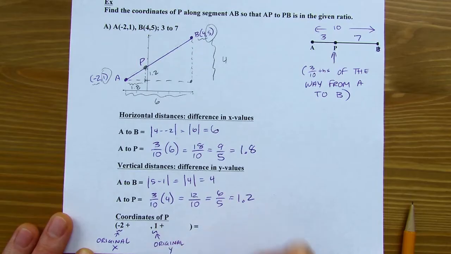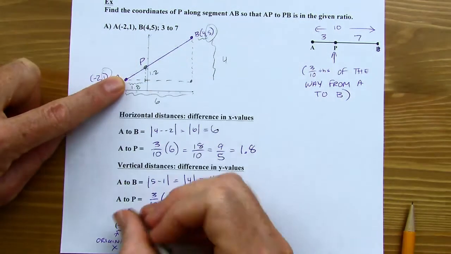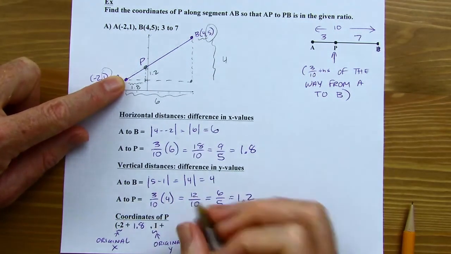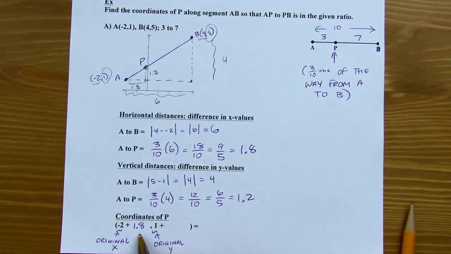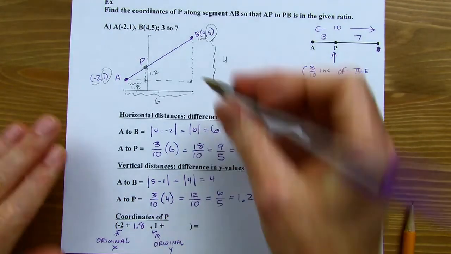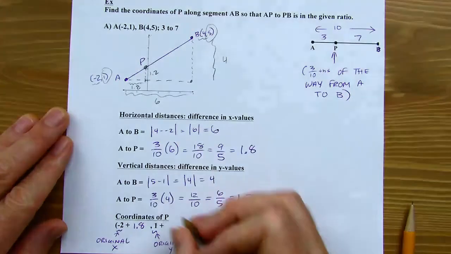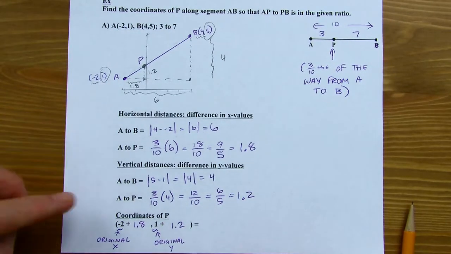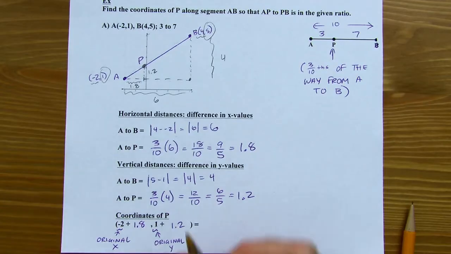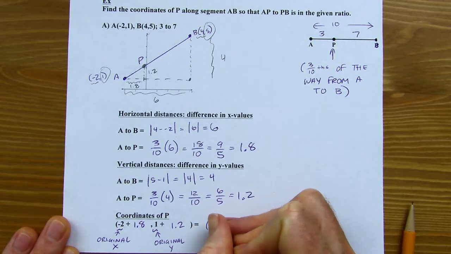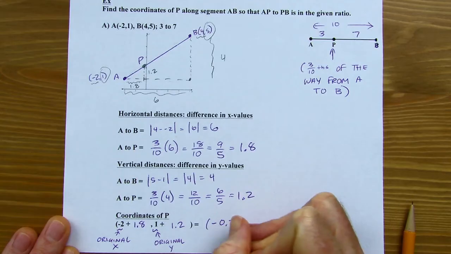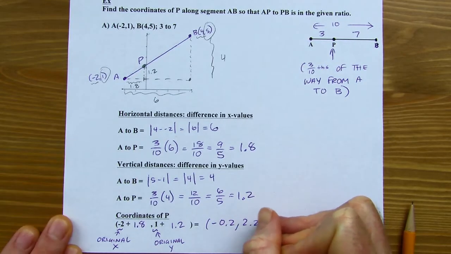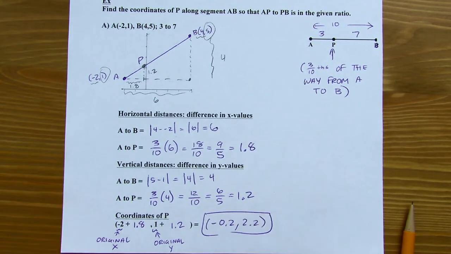Okay, and then I'm adding the 1.8 to that, that was the 3/10 of the horizontal distance, right? And then I'm adding the 3/10 of the vertical distance, which is 1.2. And now I just do my addition and clean that up a little bit. And that's going to come out to negative 0.2 and 2.2. And that is the coordinates of point P. That's what I was looking for.